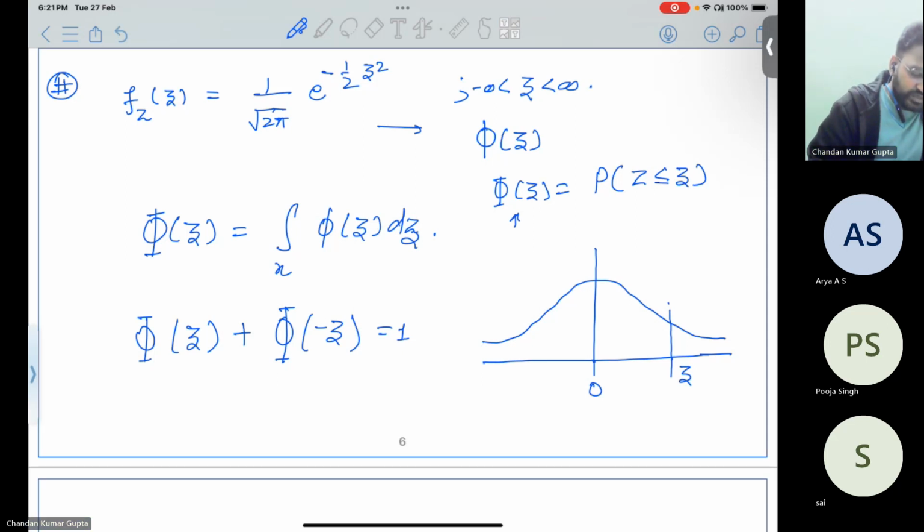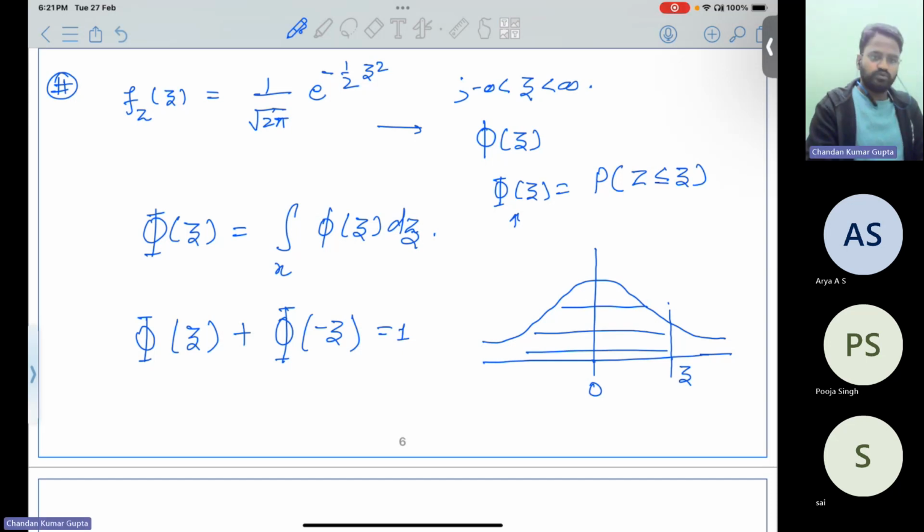Okay, so we need to calculate the area under this curve, or the probability of this. So this is this quantity plus the one at minus z, because of the symmetric nature of the normal curve.